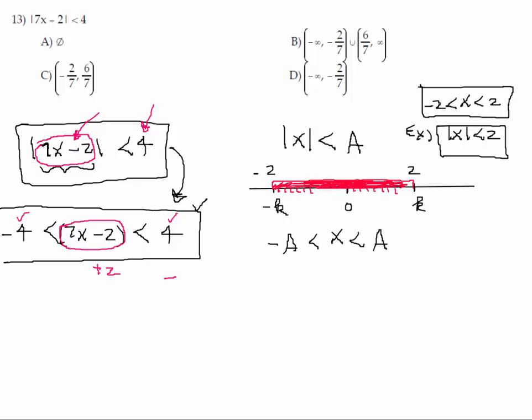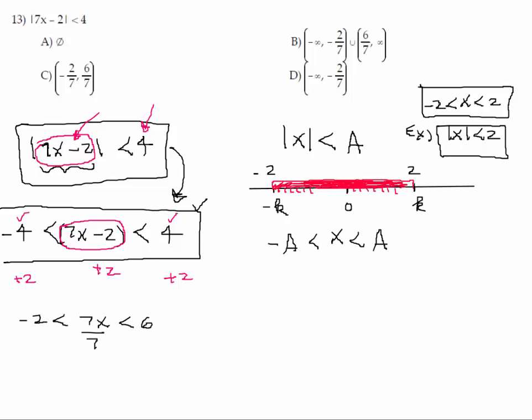Yes. So now the rest is simple. Once you can translate the inequality in absolute value to the equation, the rest becomes pretty simple. Let me change my color here. Okay, so you add 2 to all sides of the inequality, and it becomes minus 2 here, 7x, and this becomes 6.